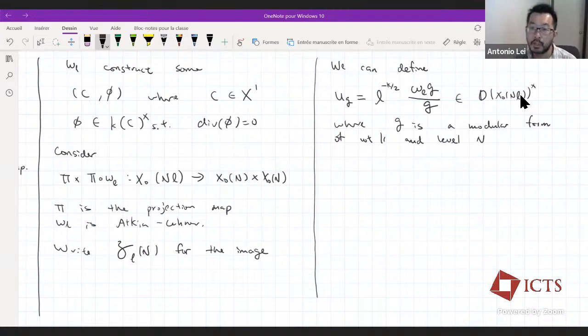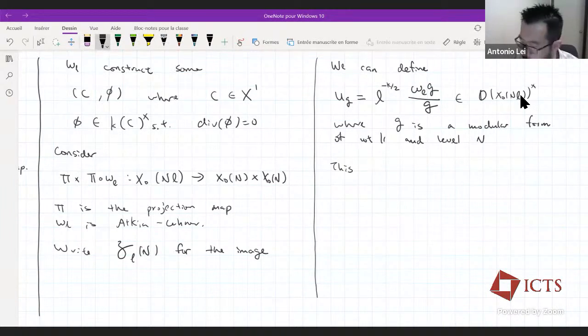You can work out the divisor of this function quite explicitly. You can find out where the poles and zeros are, and so in Flach's construction he used this.